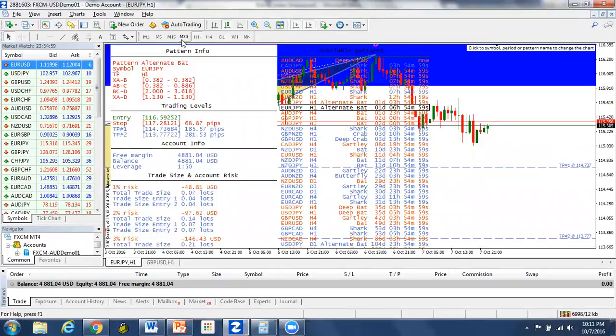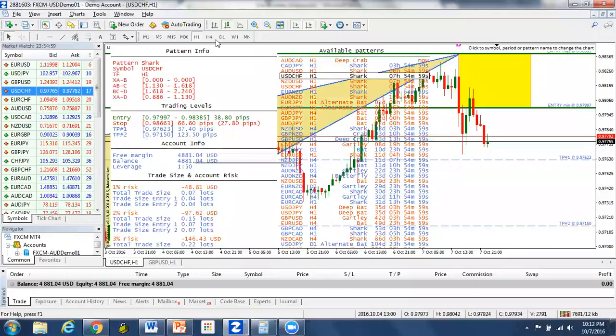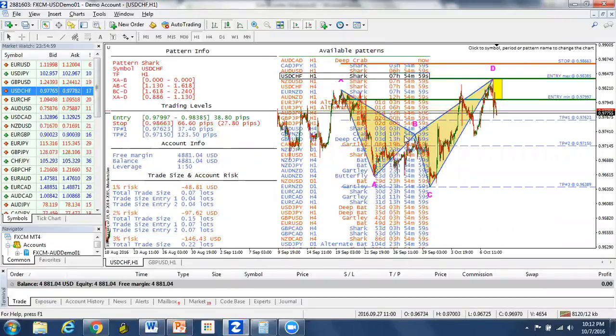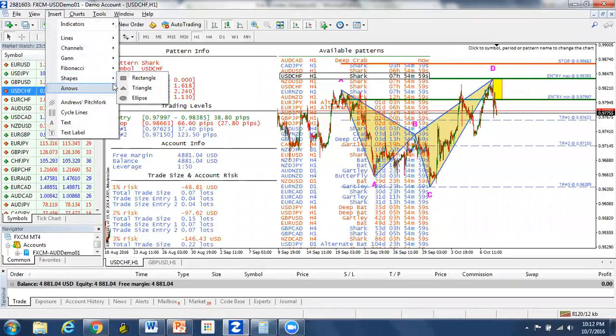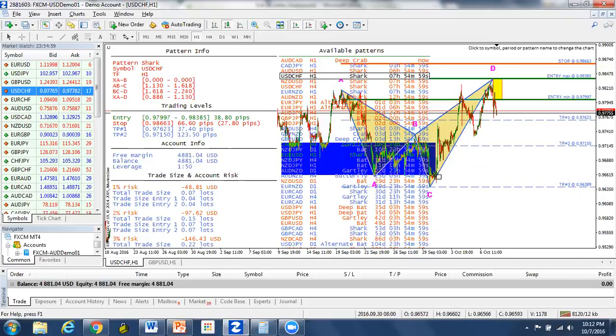Let me look at a different pair because this is too zoomed in. No, not the GBPs. We're leaving them alone. So like this here. So you can see a general area right here.